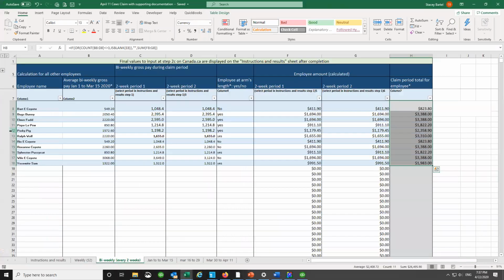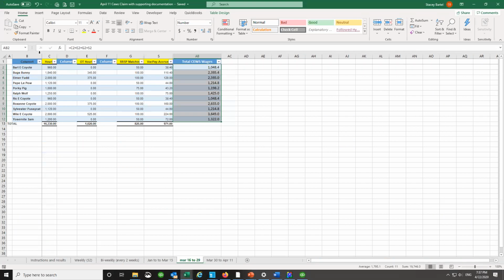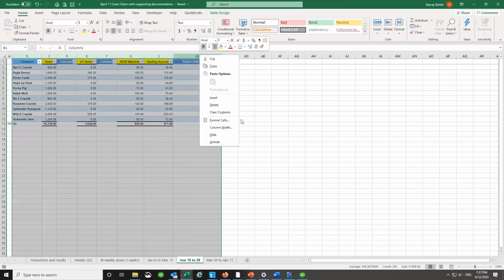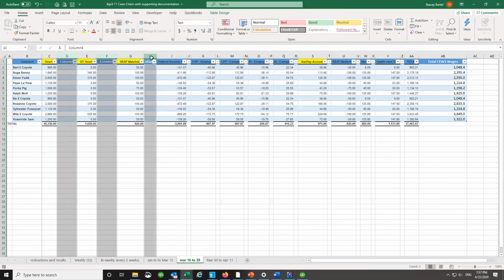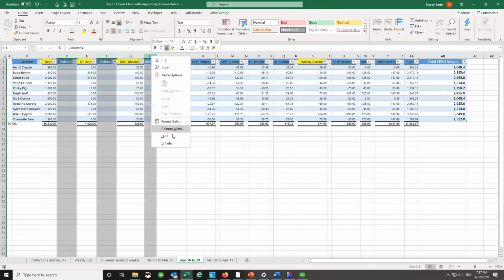remember this, in this case here, we said that Ralph was actually at home being paid. So we need to take a look. Let's unhide all of these columns. This is why we keep everything here, right? Unhide.